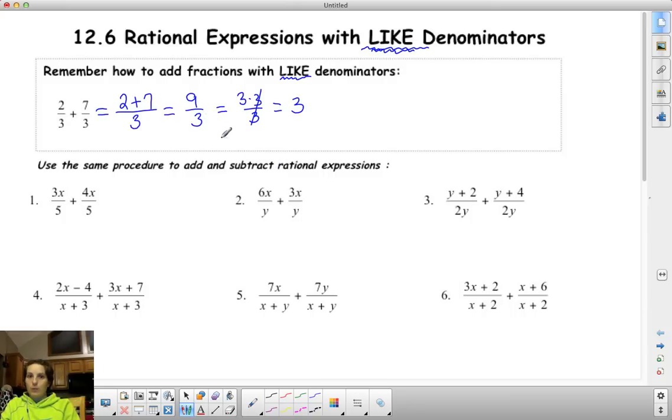Now, I am fully aware that you could just look at this nice, basic, easy problem and have an answer. But remember all the steps that we did here. We kept the denominator because it was the same. And we added across.